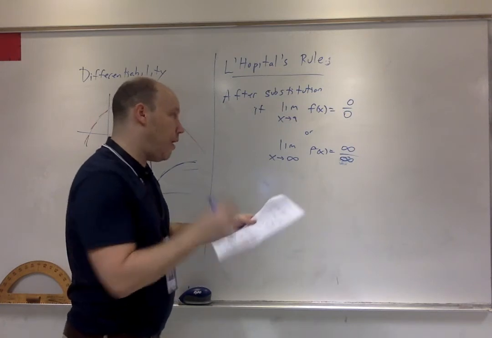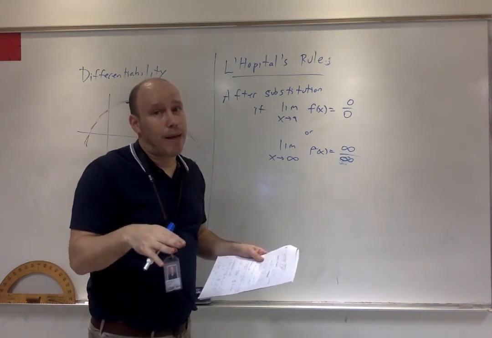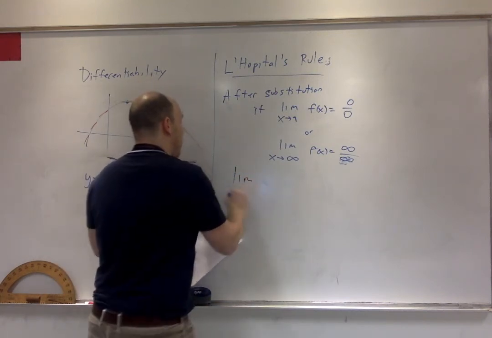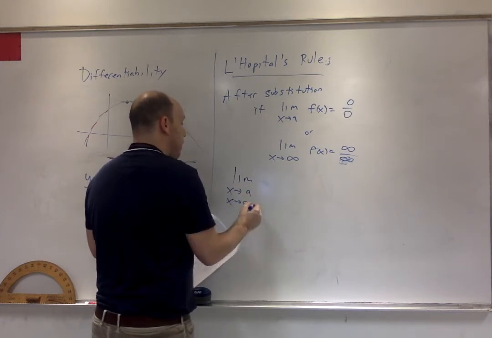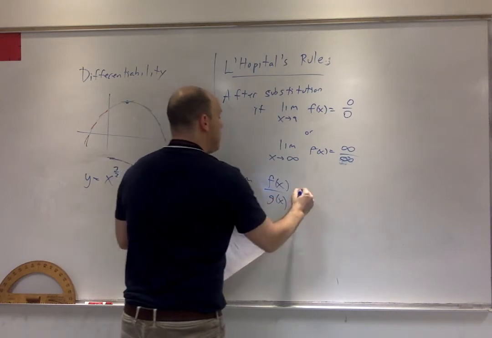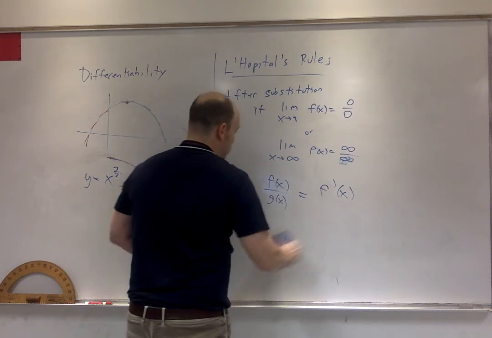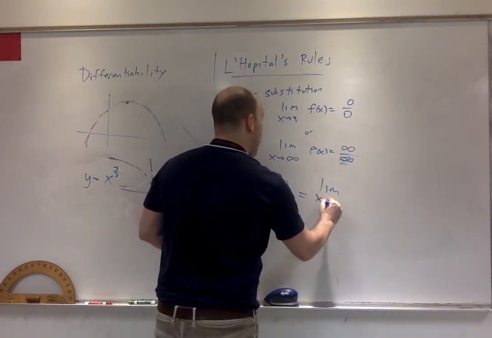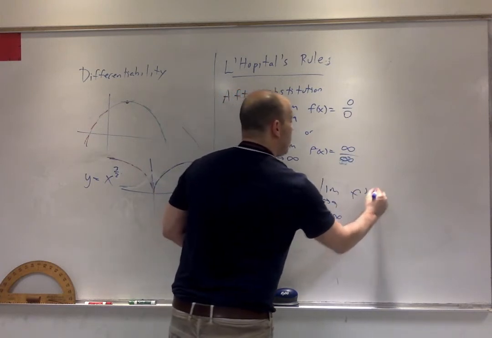right? This is cool. It turns out there's a rule. Just take the derivative of the numerator and the denominator and resubstitute. The limit as x approaches a or x approaches infinity of f of x over g of x is simply equal to the limit of f prime of x over g prime of x.